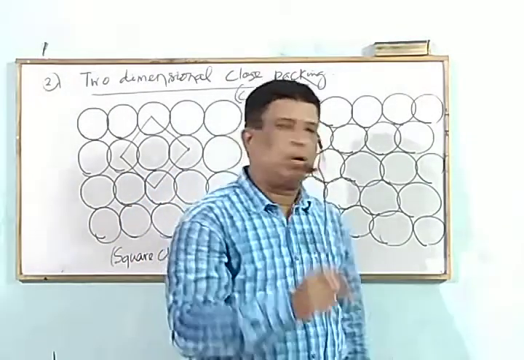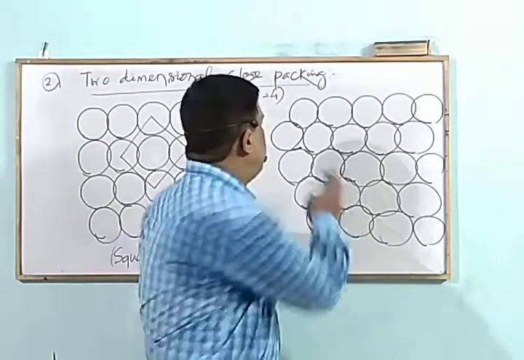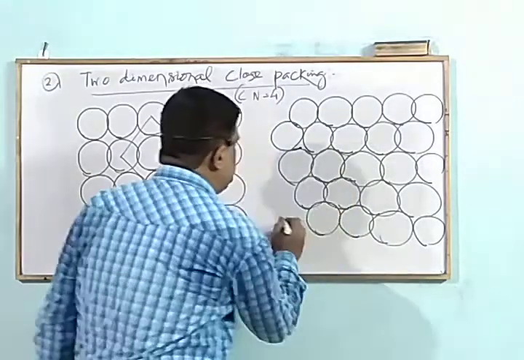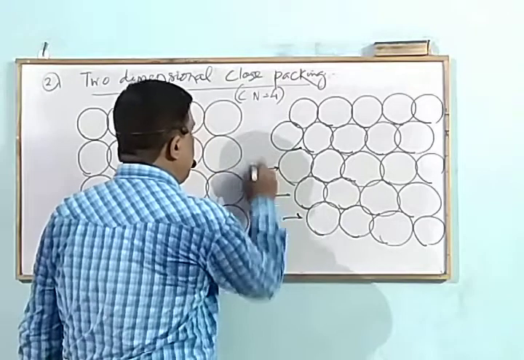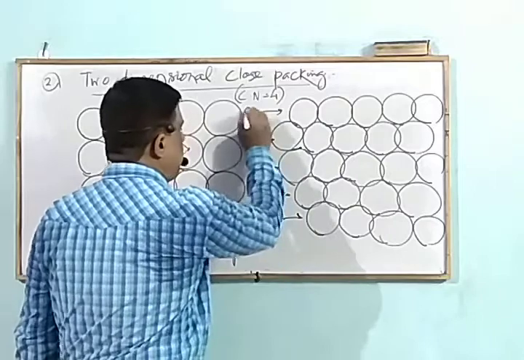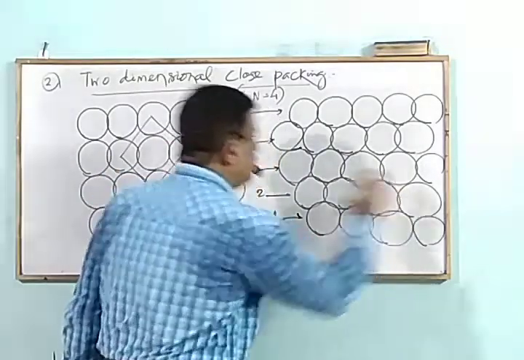But what we observe is that, if this is the first row, this is the second, the third, the fourth, the fifth, mark that, the second row is present in the depression of the first one.